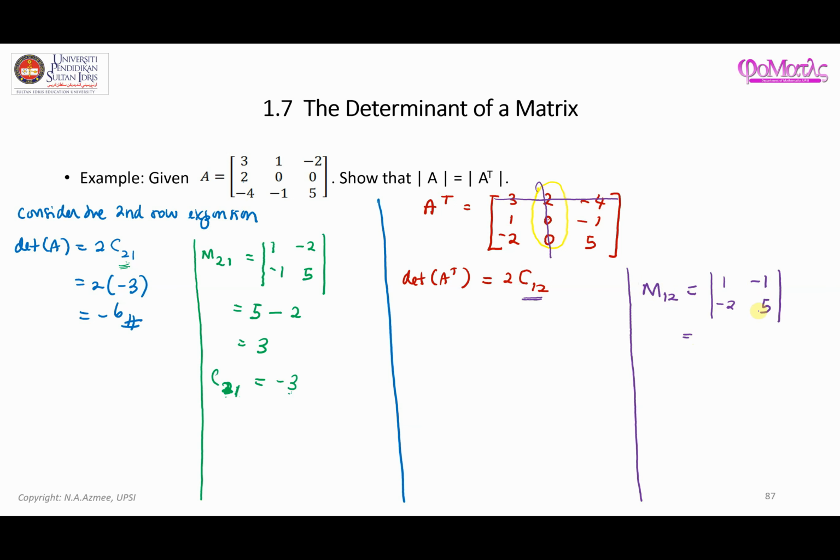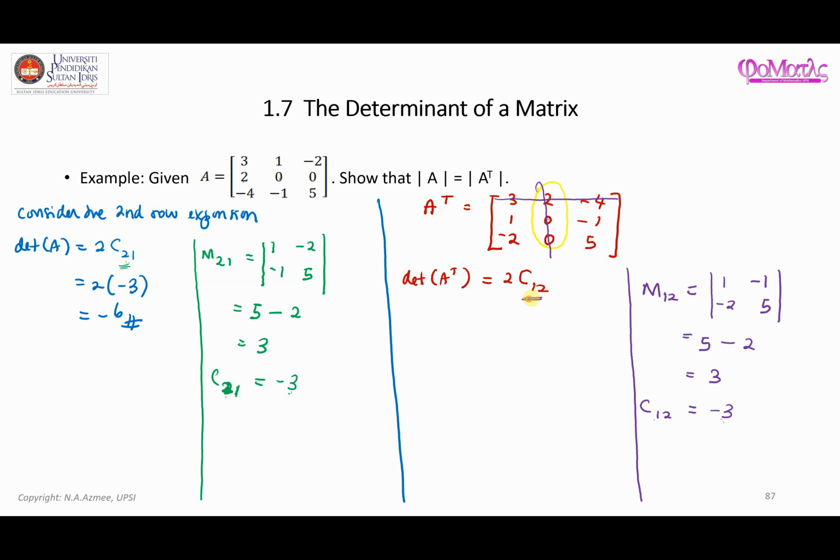And this is just 5 minus 2, which is 3. And if I want to find what is C1,2, 1 plus 2 is 3. 3 is an odd number. Therefore, you will have a negative sign. Negative with 3 is going to be -3, yes.